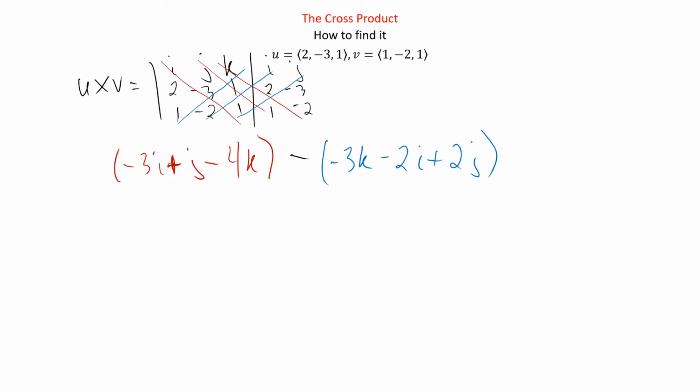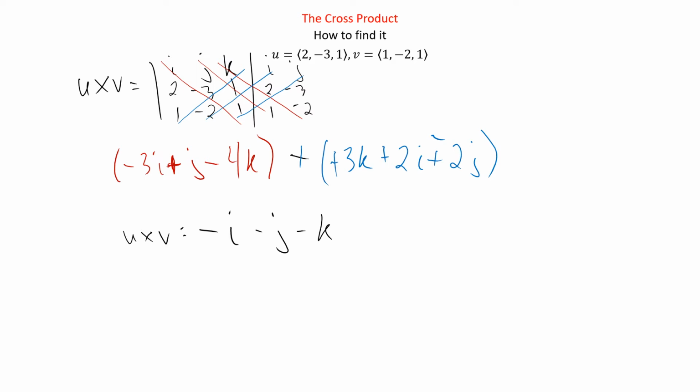We can distribute this negative and then combine our like terms. i's, we have negative 3 of them plus 2 of them is going to be negative i. We have the j's. There's 1j minus 2j's is minus j. And we have k's, negative 4k plus 3k is minus k. So our cross product, u cross v, is negative i, negative j, negative k.